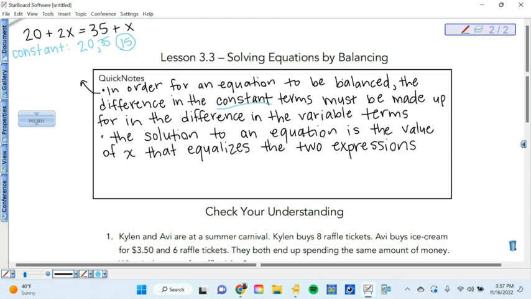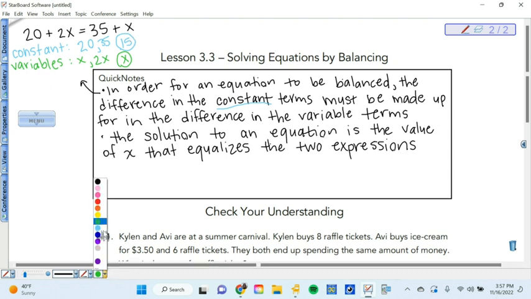So my difference between the constant terms is 15. And then what are my variable terms? 2x and x. And what's the difference between 2x and x? 2x minus x. 1x, or just x, right? So that tells me that x equals 15.